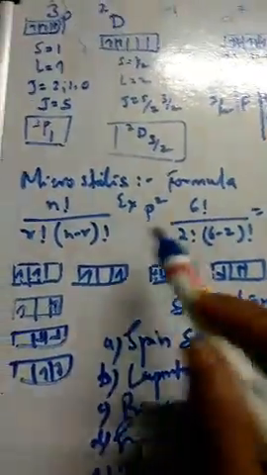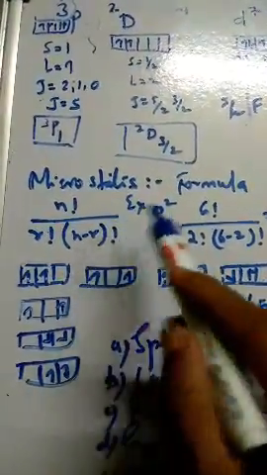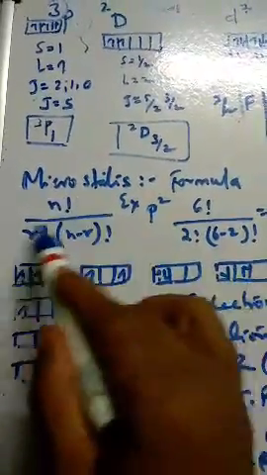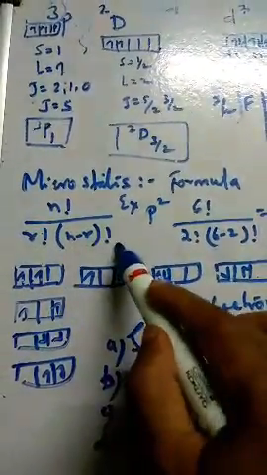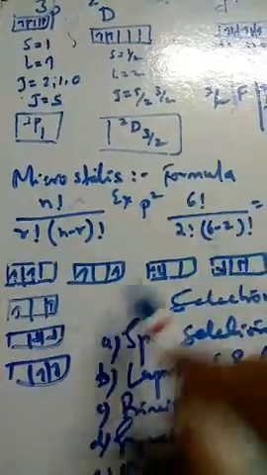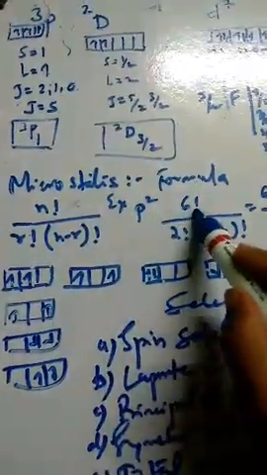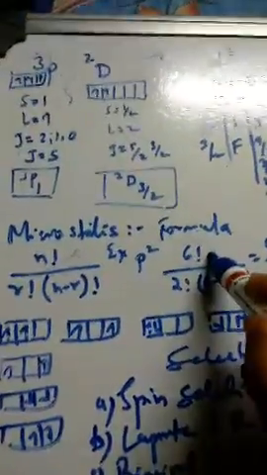So how can we calculate this? With this formula: 15 microstates in P2. The formula is n factorial divided by r factorial into n minus r factorial. So what is n here? N is the total number of electrons that can be in that subshell, that is P. That is 6 maximum we can fill, from 2 into 2L plus 1, so 6.